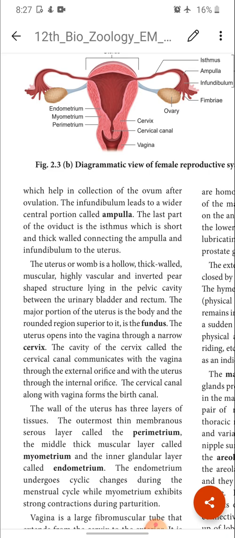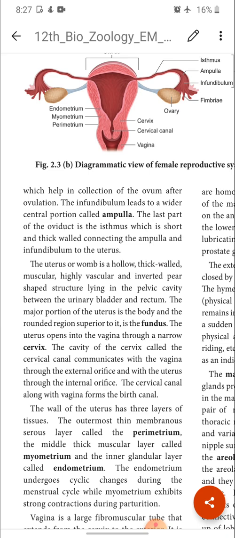If we recap, the fallopian tube extends from the periphery of the uterus to the periphery of the ovary, and it has three parts. The proximal part, which is attached to the ovary, is called the infundibulum.